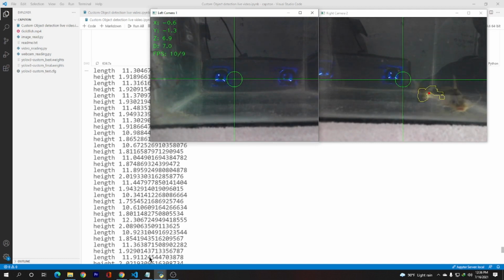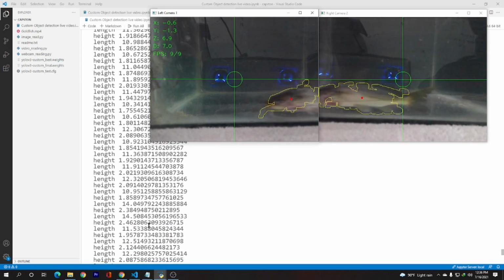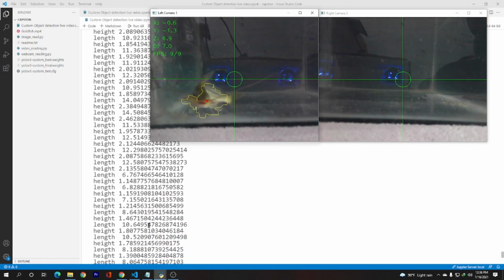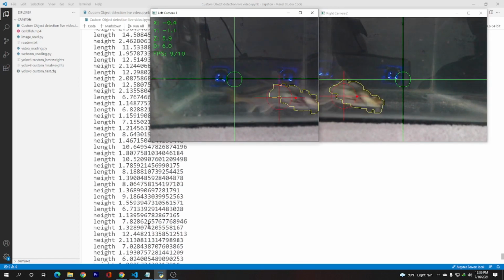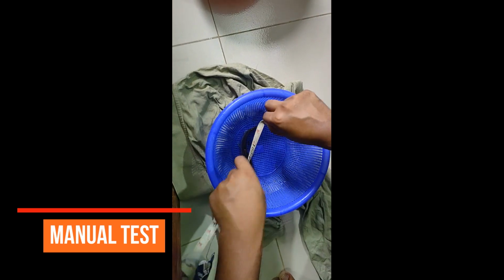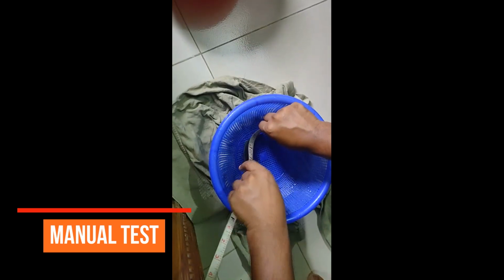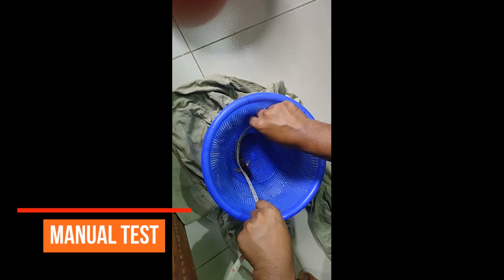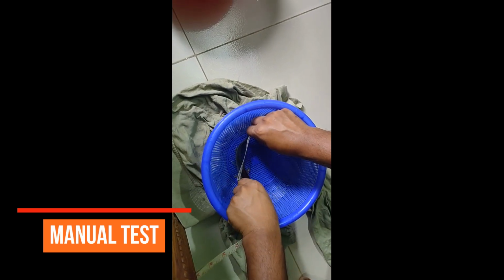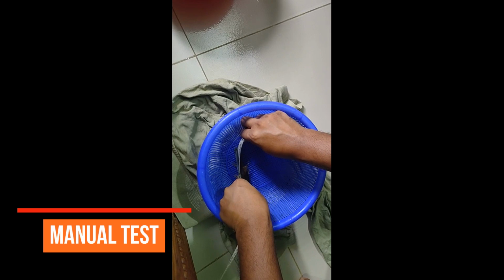For this fish, we have got average value of length 10 to 11 centimeter and height 1.1 to 1.9 centimeter.